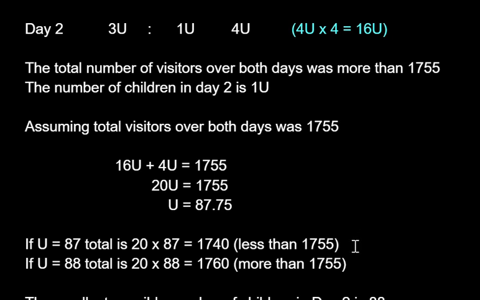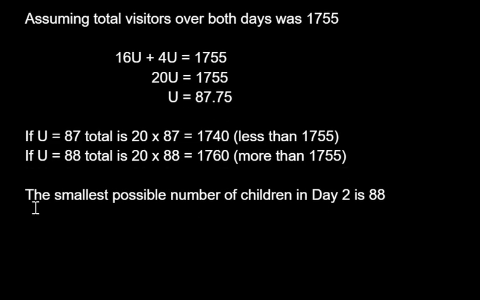So this is not correct because the question says that it must be more than 1755. If 1 unit is 88, 20 times 88 is 1760, which is more than 1755, which means that this should be the correct answer. So the possible number of children in day 2 is 88.